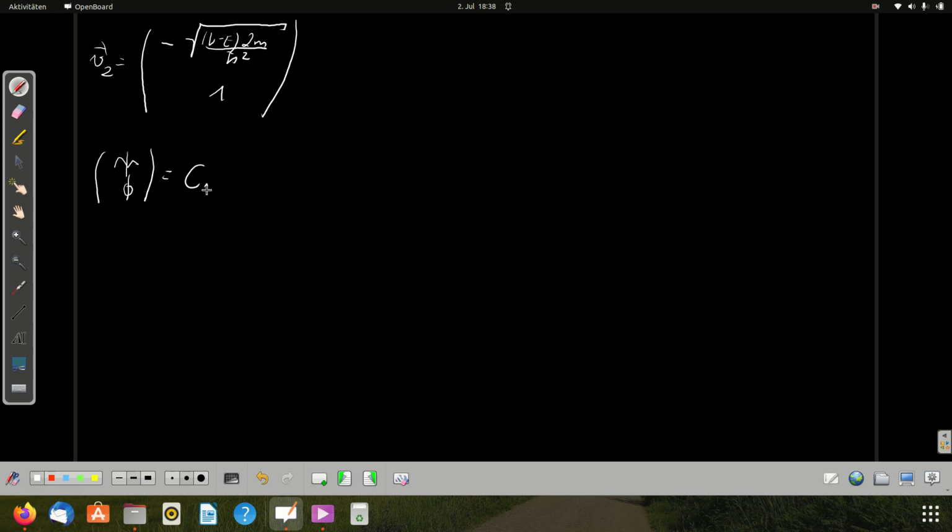So therefore we can write down C1, some unspecified constant, v1 vector, e to the power lambda 1 x plus c2, v2 vector, e to the power of lambda 2 x.